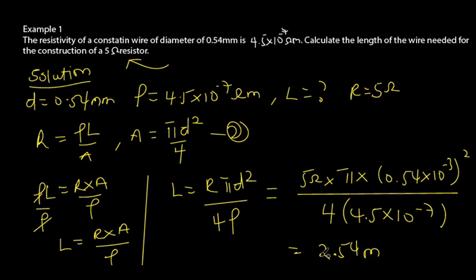So when we cut the constantan wire to a length of 2.54 meters, per this resistivity and the diameter of our wire being 0.54, once we cut the length of 2.54, the wire will offer a resistance of 5 ohms, which is what we want in the circuit that we are going to use.